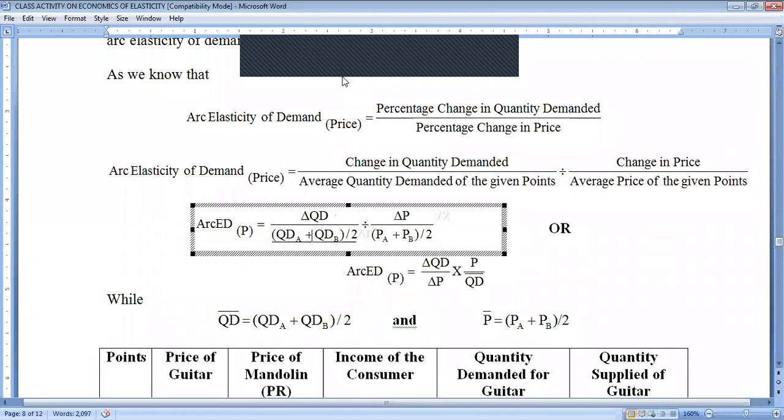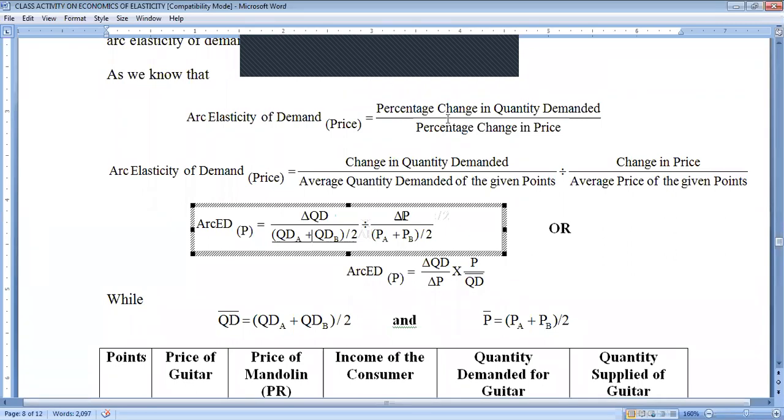Then the division sign would remain as it is. Delta P can be written in place of change in price. And for average price of the given points, we can write price at given point A plus price at given point B. Then divide the sum of the prices upon 2. Since there are two prices, that is why we are dividing this upon 2.